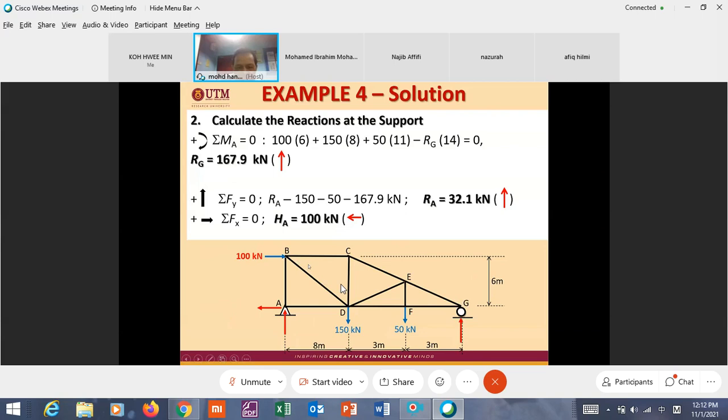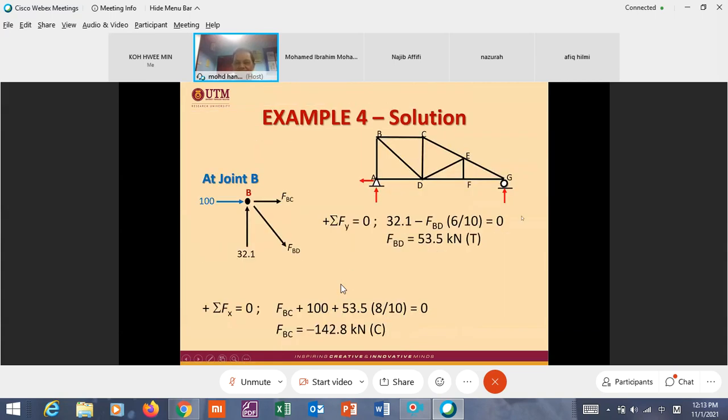Why is it 10? Because of the Pythagorean theorem. 6/10 is equal to the sine of this angle.